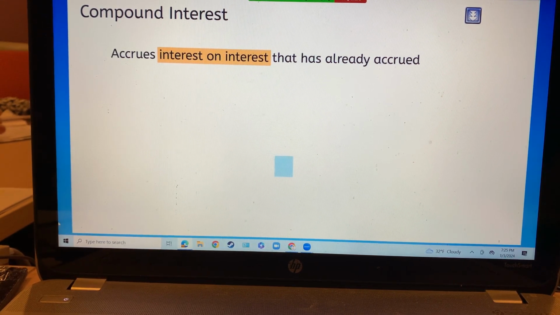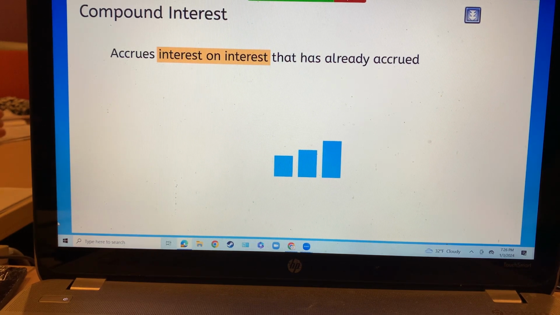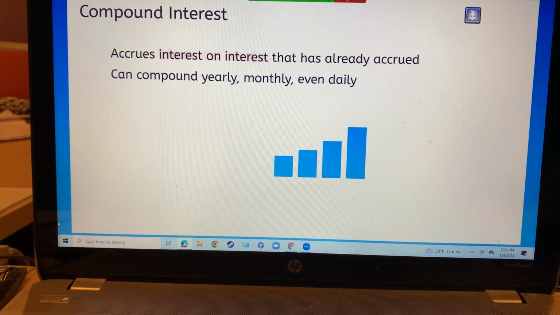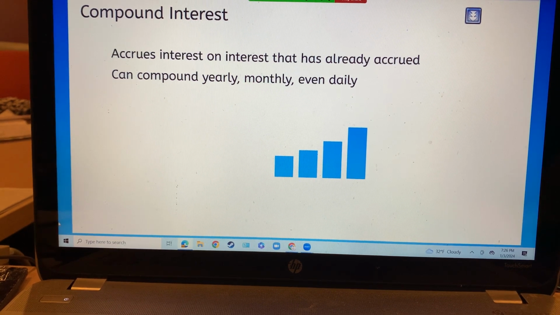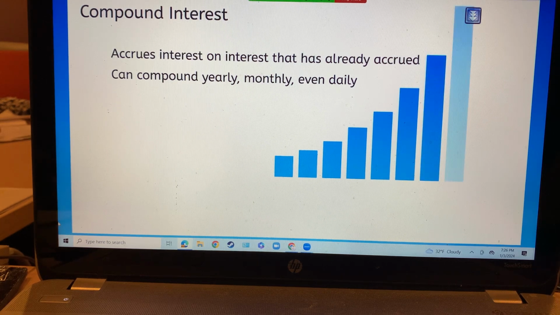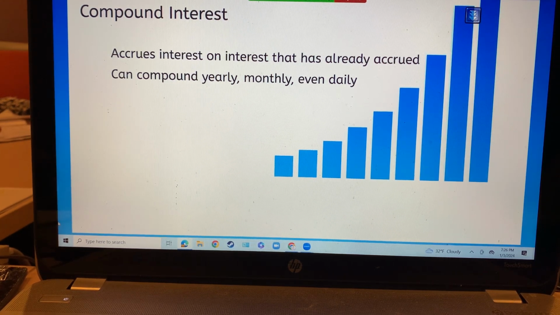The more interest you allow to accrue, the more interest will accrue the next time, and the next time, and the next. This is known as compounding. And compounding can happen on any scale: yearly, monthly, even daily. It can get really out of hand really quickly, which is why it's good to have compound interest on a savings account and not so great to have it on a loan.